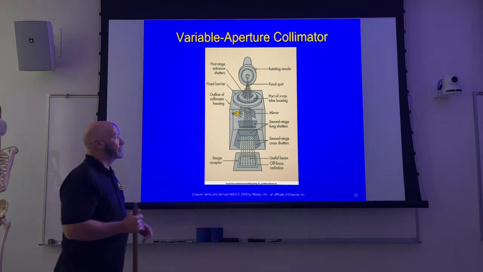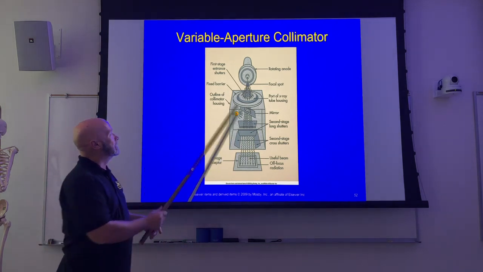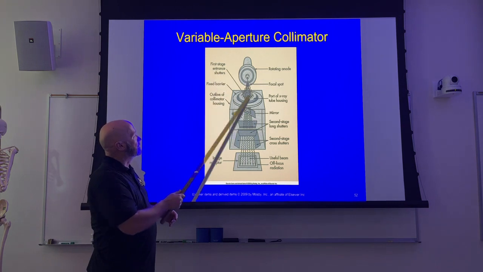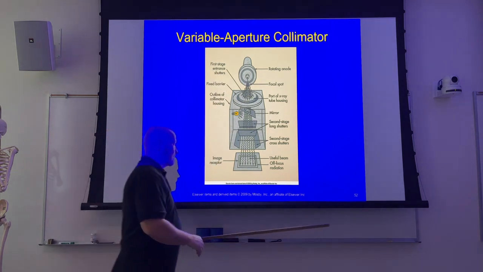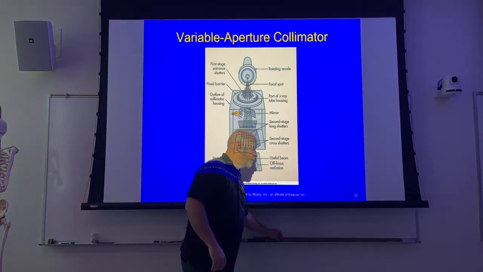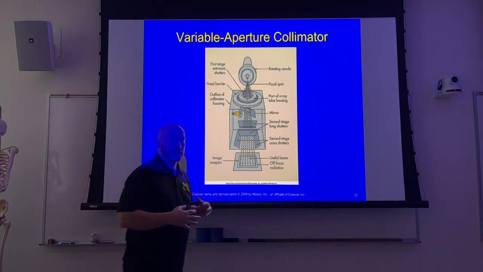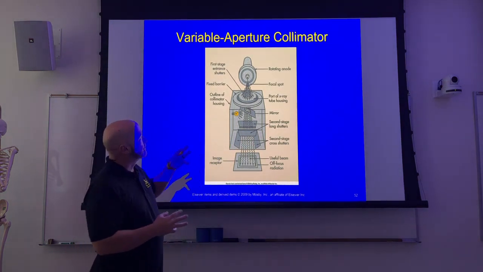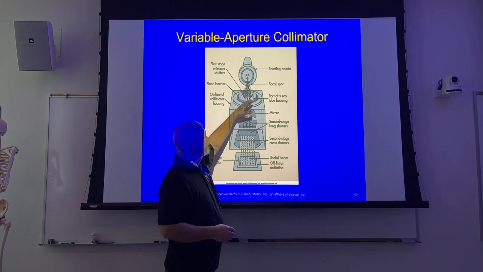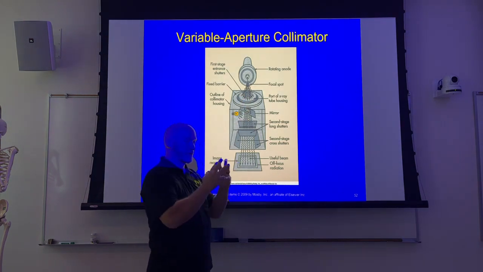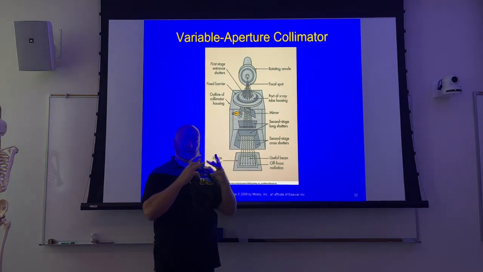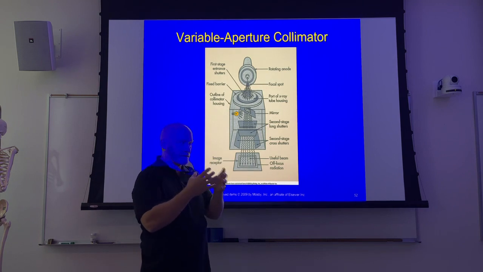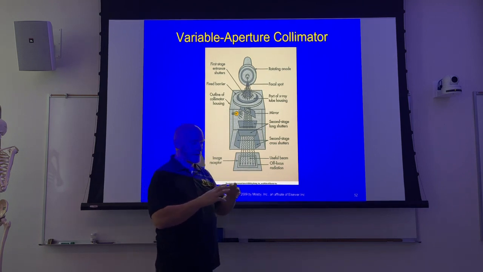When I'm talking about two sets of collimators, what I'm talking about is you've got this first stage entrance shutter. I think I talked about this in class one day, but they are what we call multi-leaf collimators. And the multi-leaf collimators kind of form a cone. I don't know if you can really make that out, but it's showing a cone. But it's not a cone like a solid cylinder, like a cup turned upside down.